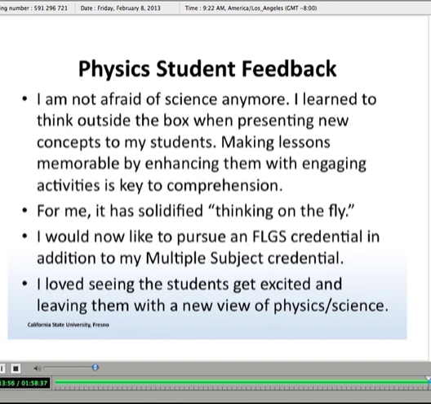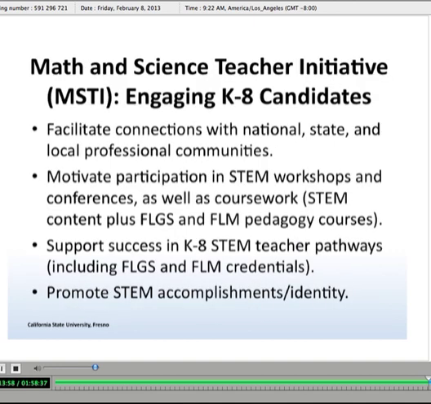And the next page, the final page in ours, is the Mathematics and Science Teacher Initiative support for these students. I direct this effort, MSTI, on our campus. We want to really facilitate connections with national, state, and local professional communities. So all the students are given membership in CSTA and NSTA, as well as CMC and NCTM.